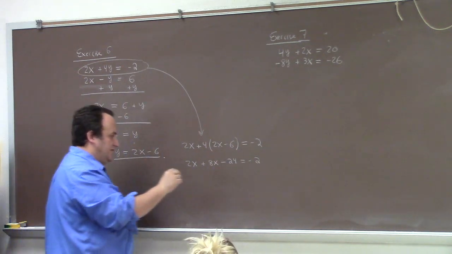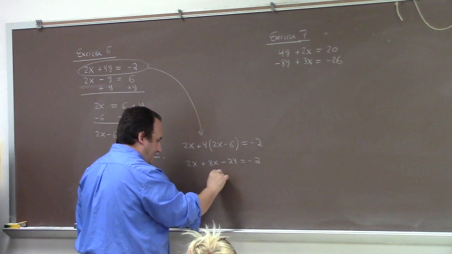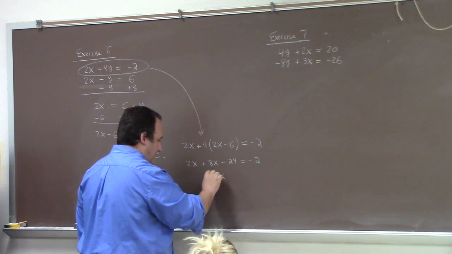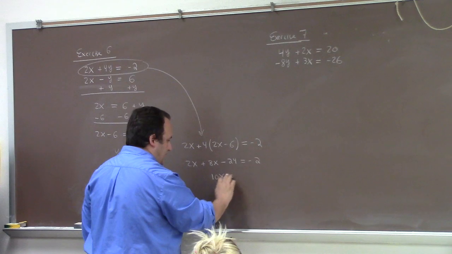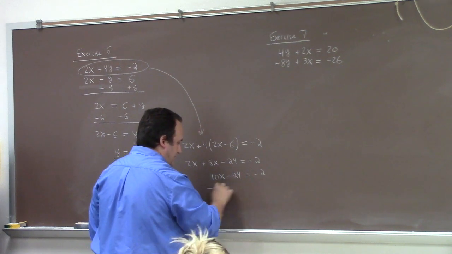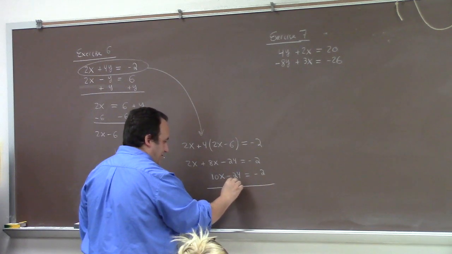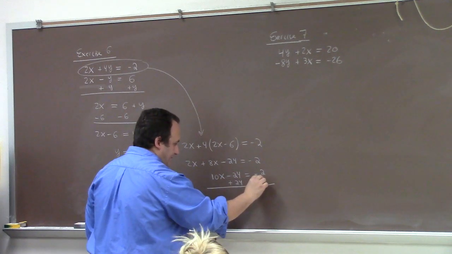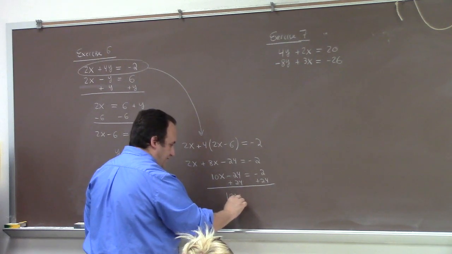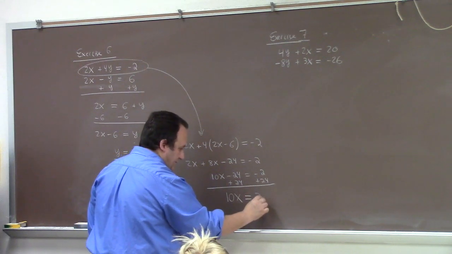Of course that gives us 10x minus 24 equals minus 2. And then I'll add 24. That gives me 10x equals 22.